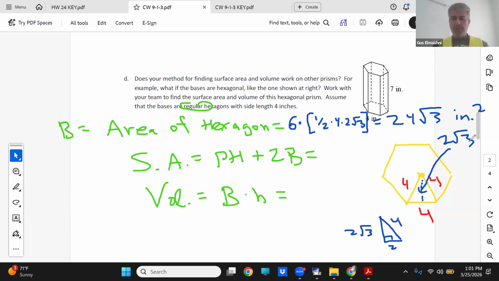So what's the perimeter of your base, by the way? Each side's 4 and 6 sides, so 24 times the height, which is 7, plus twice the base. Base is 24 root 3.